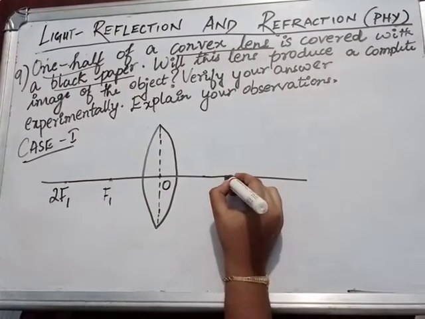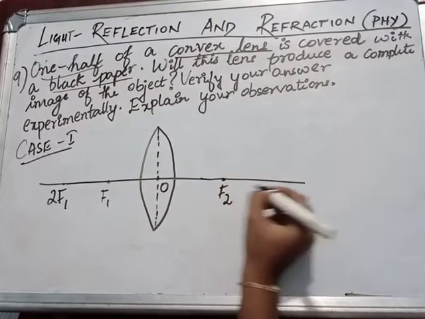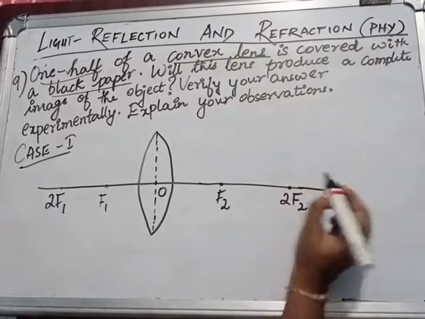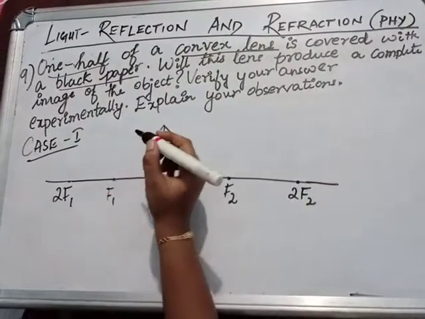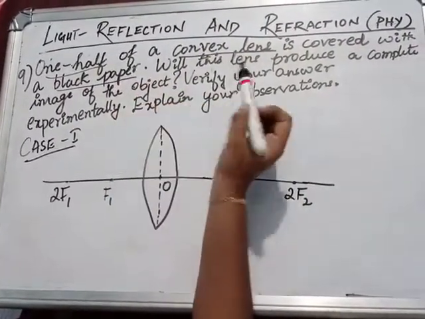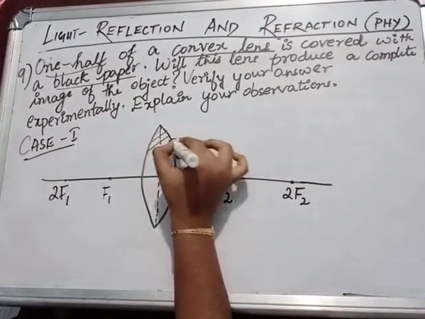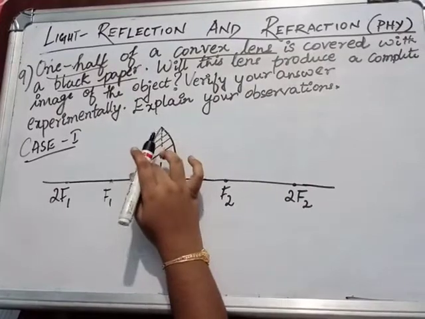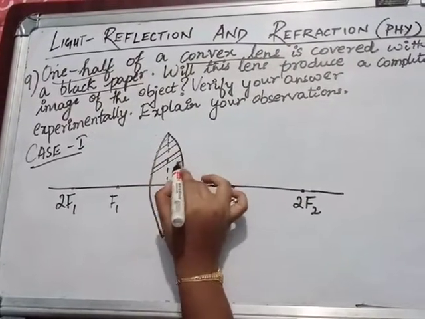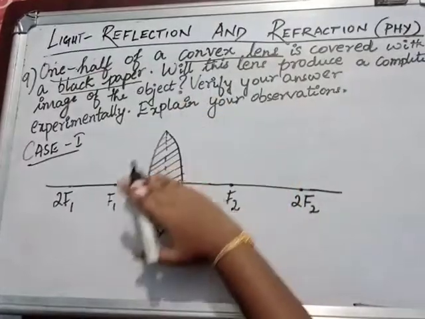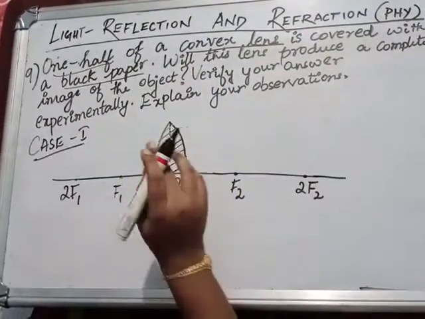This is F2 to F2. Now we will be covering the upper part of the lens with a black paper. Let this part be covered. The shades show the black paper. Okay, this part is covered.